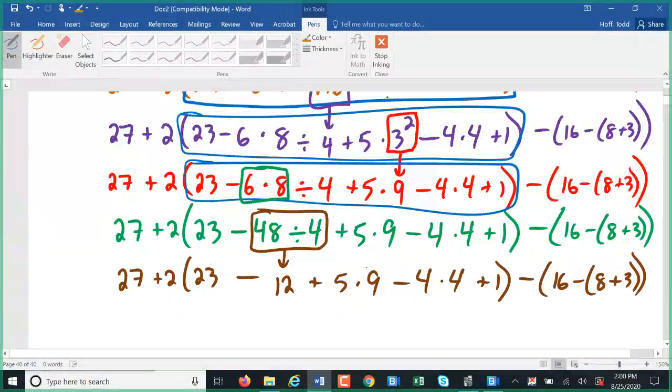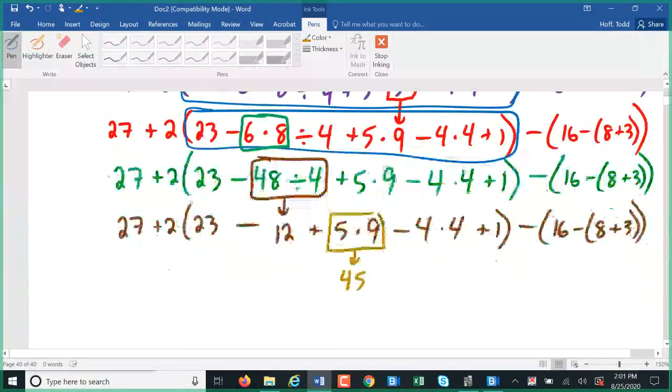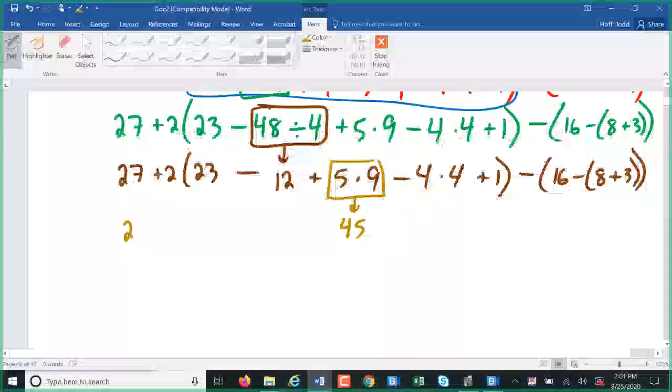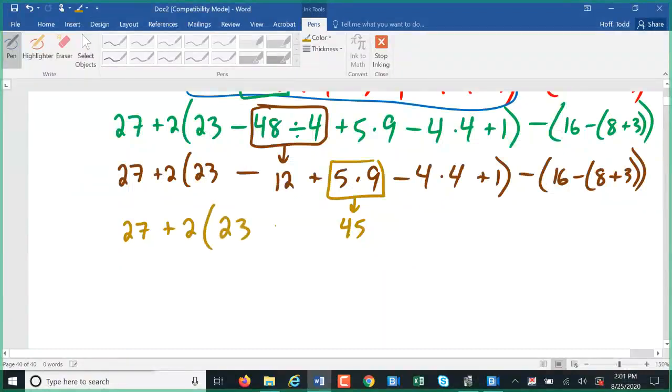Now we're multiplying and dividing left to right inside the parentheses. Next is the 5 times 9. That is 45. I will show you a shortcut that I use in the next problem here.